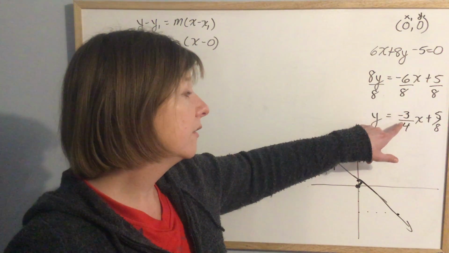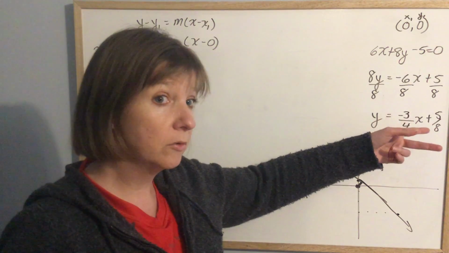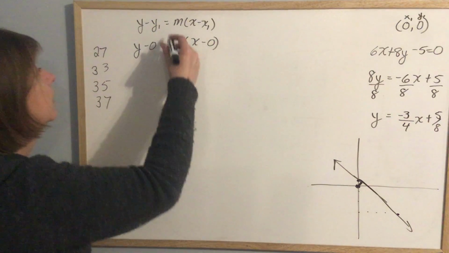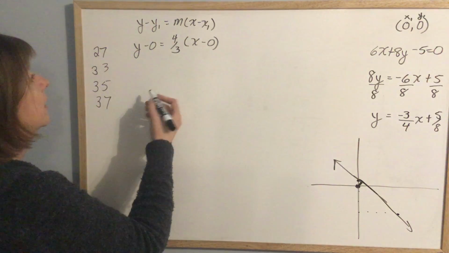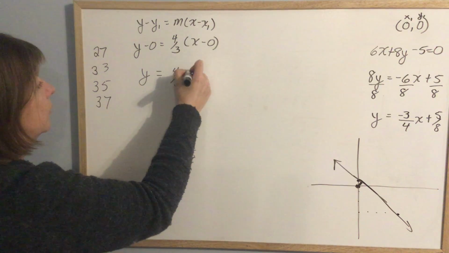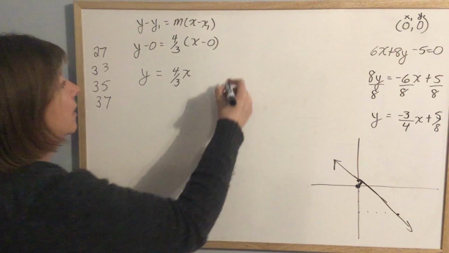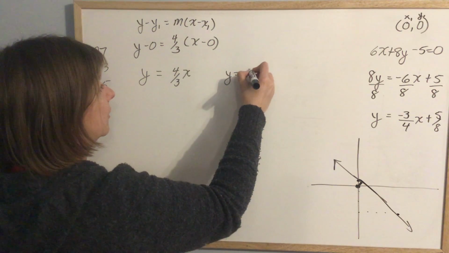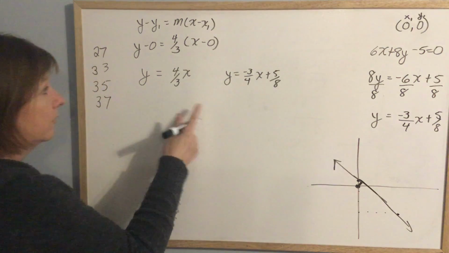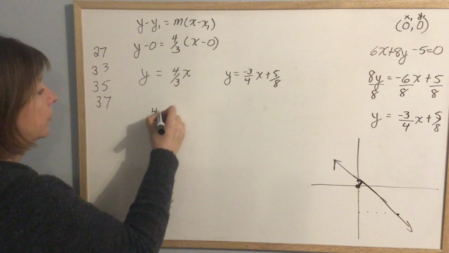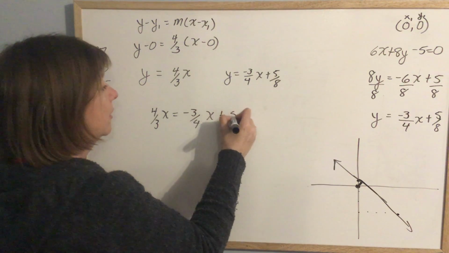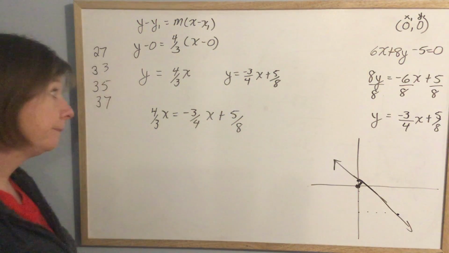So if this is -3 over 4, I'm going to flip it over to be 4 over 3 and change the sign to be positive. So really what I end up with is y equals 4 over 3x. Now y is also equal to -3 over 4x plus 5 over 8. So that means 4 over 3x is equal to -3 over 4x plus 5 over 8.